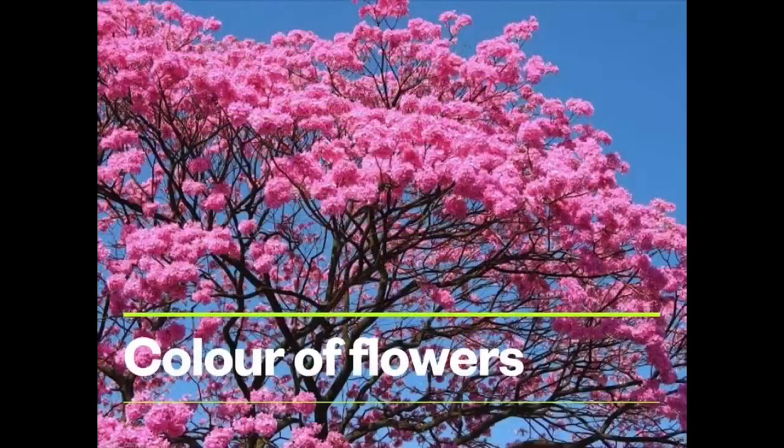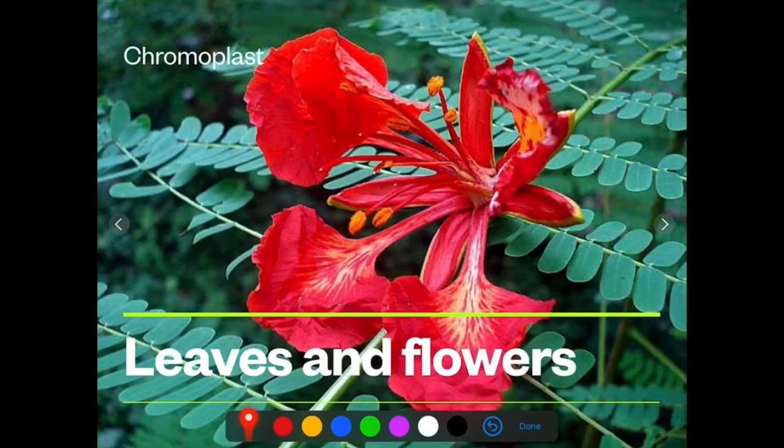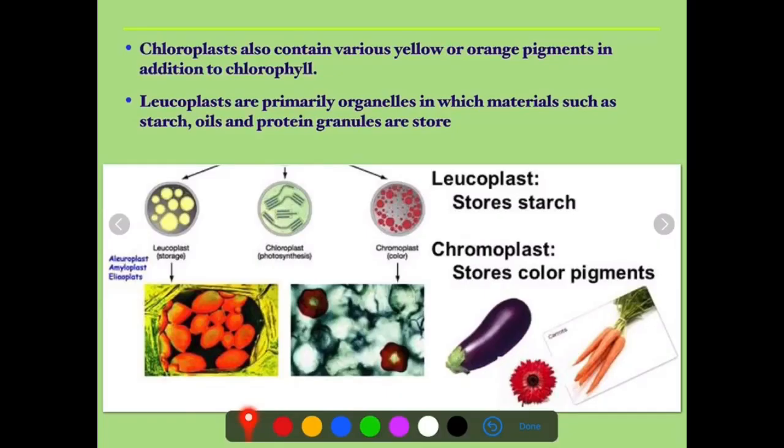This is the beautiful colorful world of the flowers, and the flowers are colored due to which plastids? Chromoplast, correct? And the leaves are green due to the green plastids, the chloroplast. And the red colored flower, Delonix regia, you can see here, has chromoplasts. Leucoplasts store starch, and they store oil, starch, and proteins in potato and in vegetables.